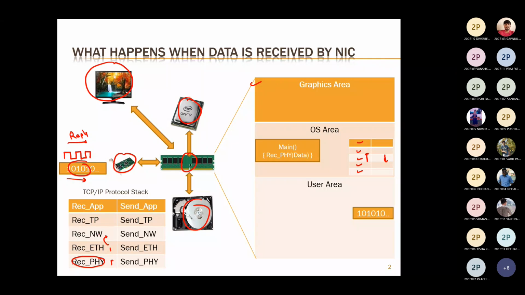It extracts certain fields of the network header, depending on the type of device, whether it's an end user or an intermediate router. Then the data part will be given to the transport layer. The transport layer performs the same thing, and the data is given to the application layer. So we assume that data comes from the physical layer and is given to the application layer.